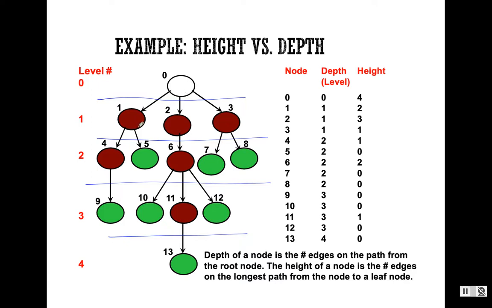Now the root node has children 1, 2, 3. In the next level we are going to have the children of nodes 1, 2 and 3.